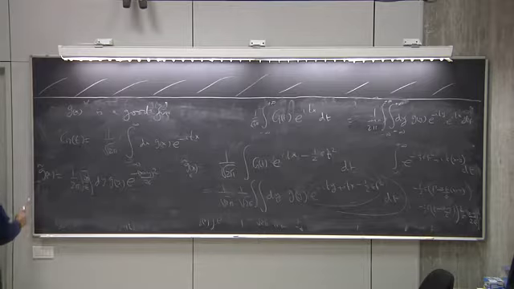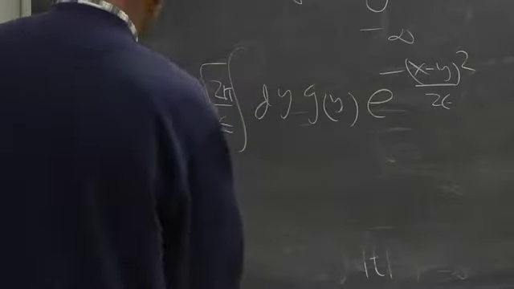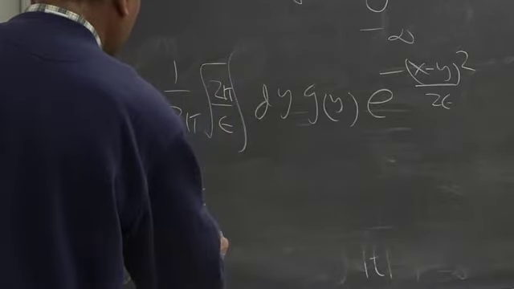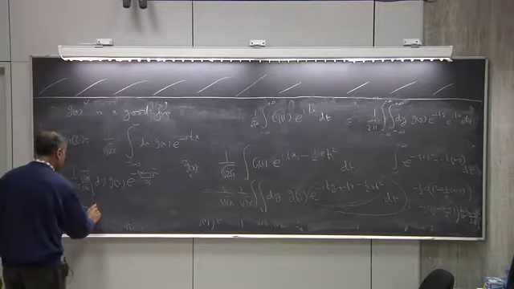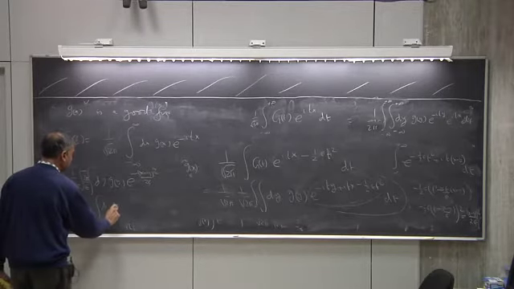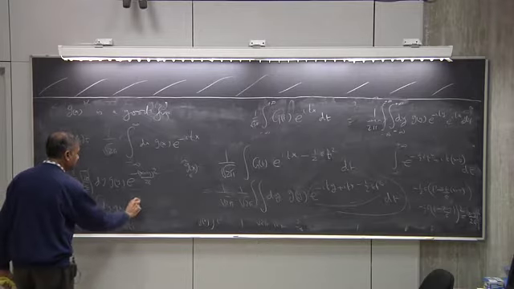Now, on the other hand, I can also write g of x as the following: 1 over root 2 pi epsilon, integral dy g of x e to the minus (x minus y) square divided by 2 epsilon.